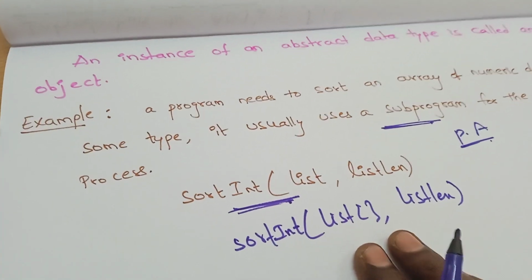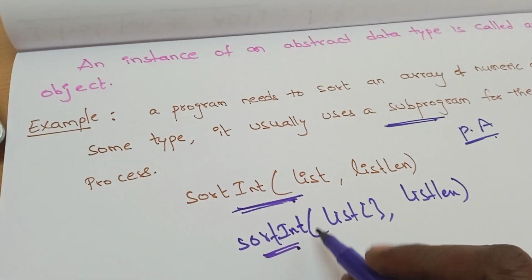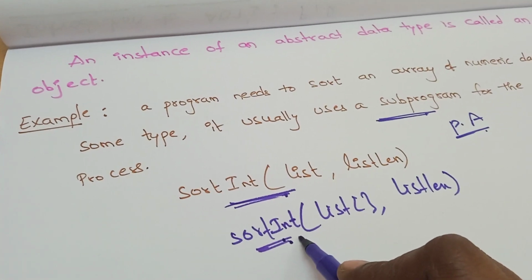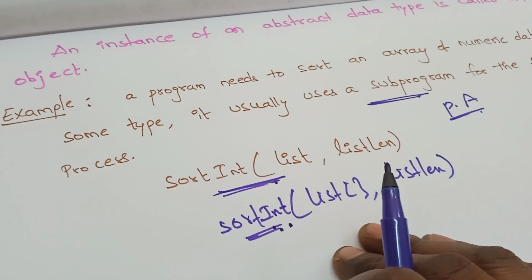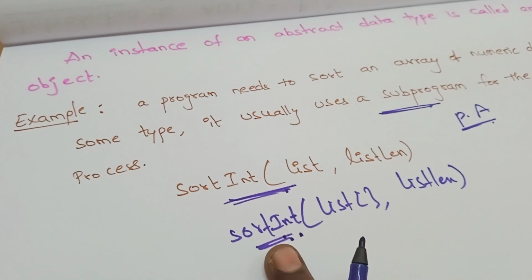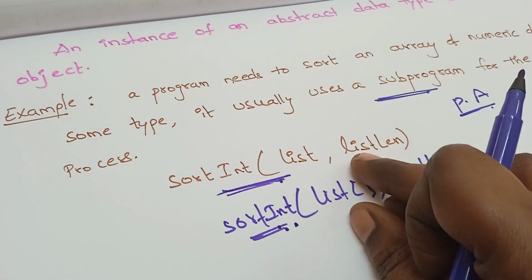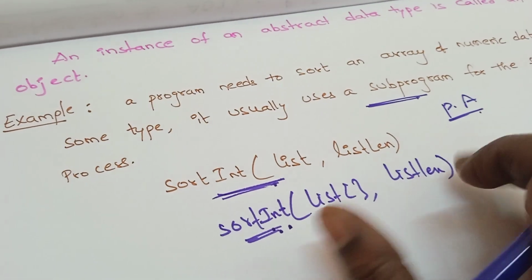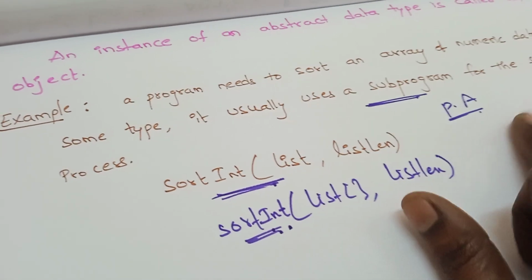The user needs to see only the name and protocol of the subprogram to be able to use it. Right? Here we understand the subprogram name and the variables: what array type, what is the data type of the elements, and what is the maximum size. These things are shown to the user.